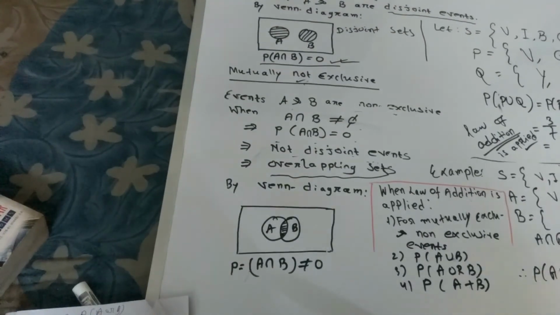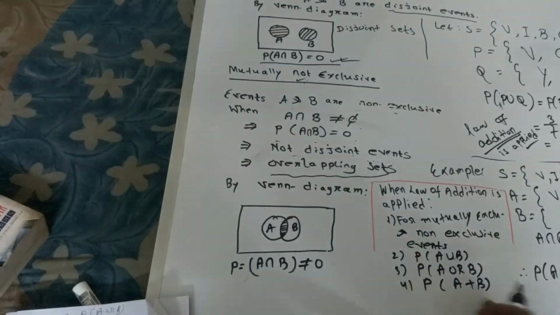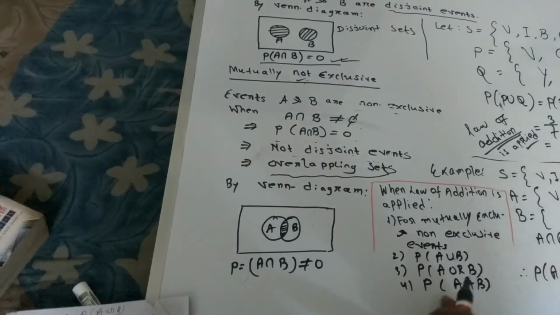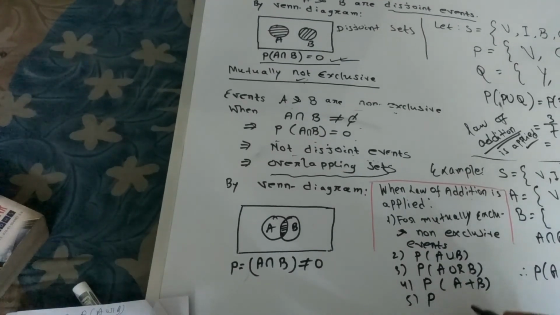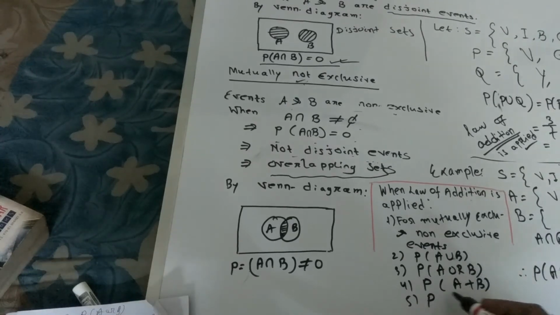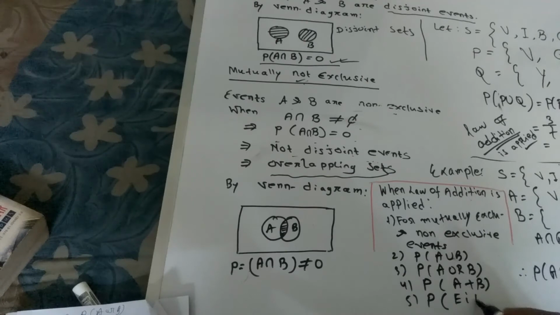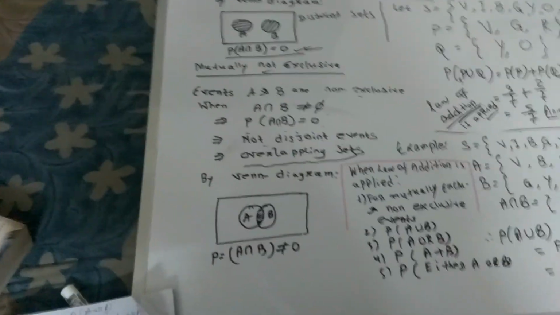When the question contains A plus B, A union B, or either A or B, or at least one, you can guess that this is under the law of addition.